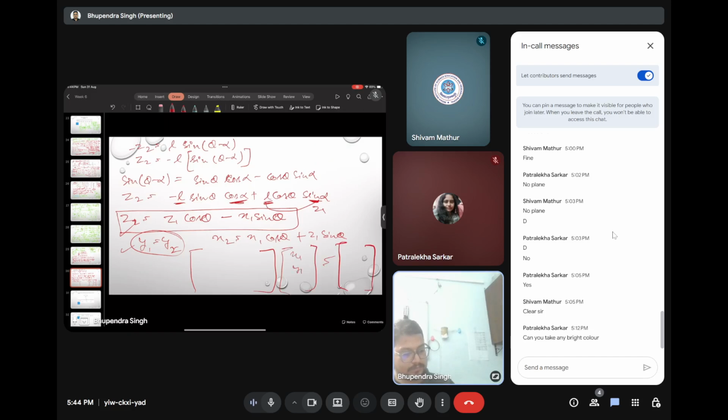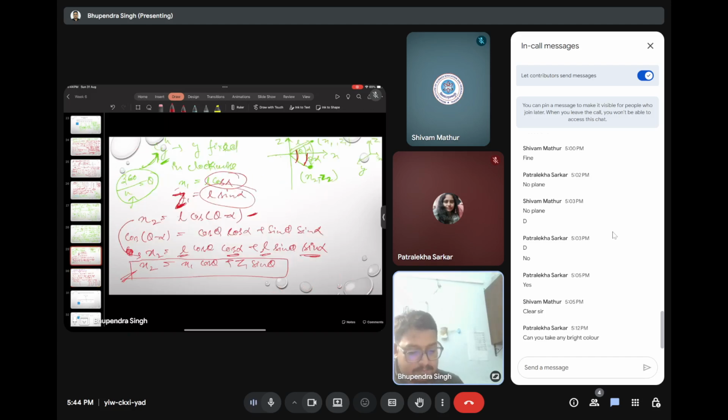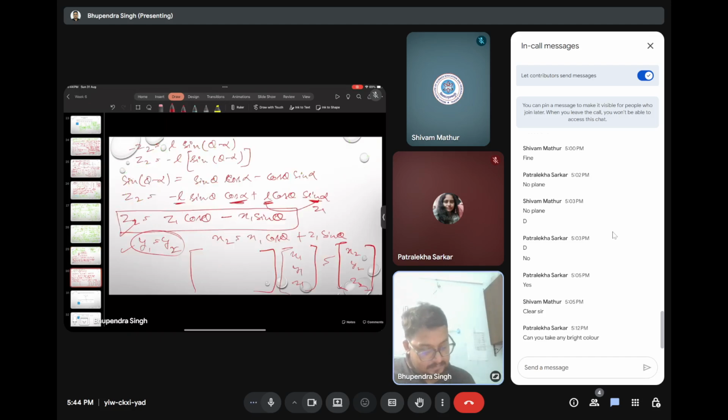So x1 y1 z1, x2 y2 z2. I have rotated the molecule, this transformation has already been done. Now I am trying to find the transformation matrix. So we know that, what is x2?